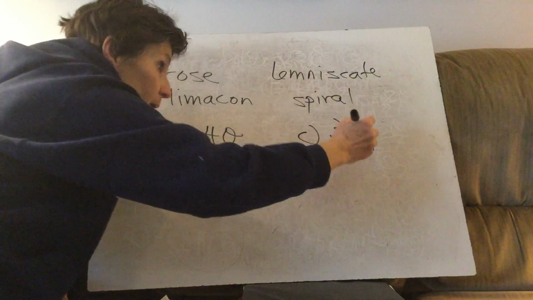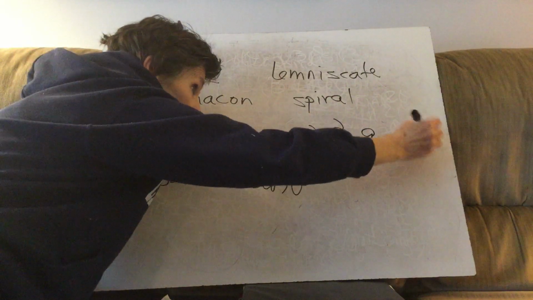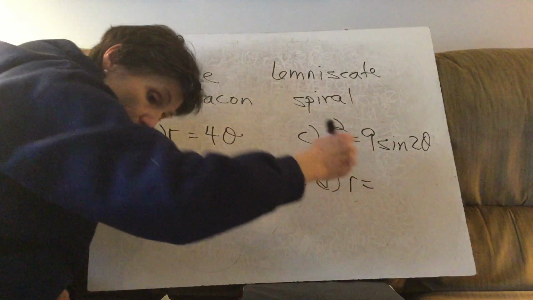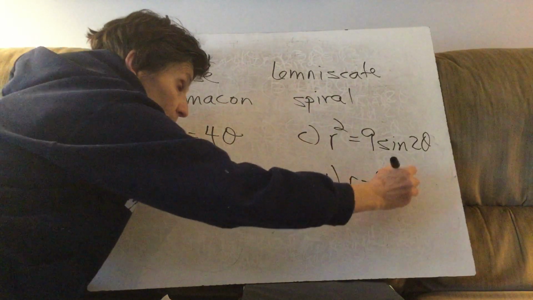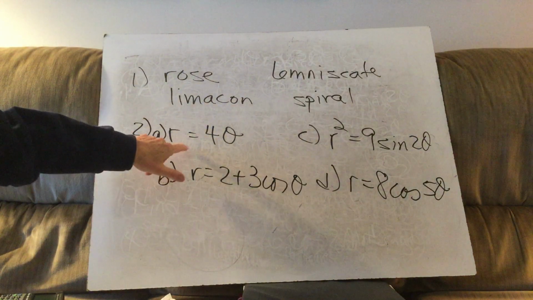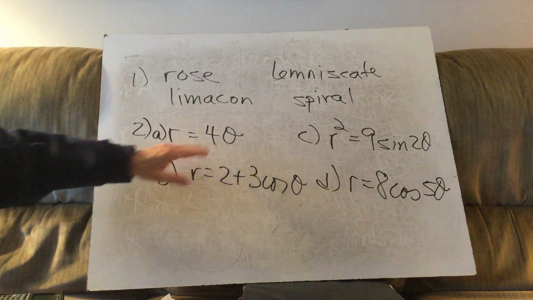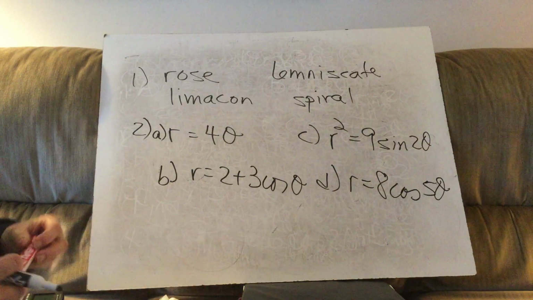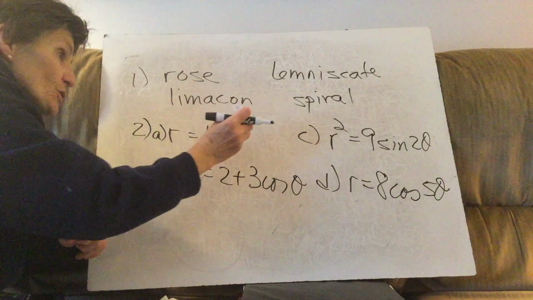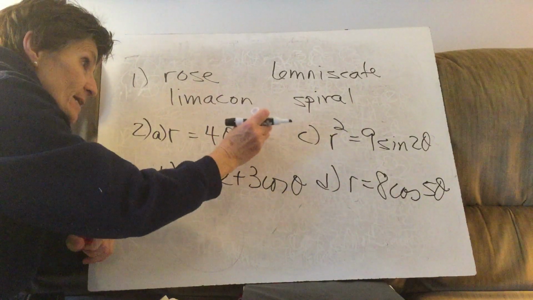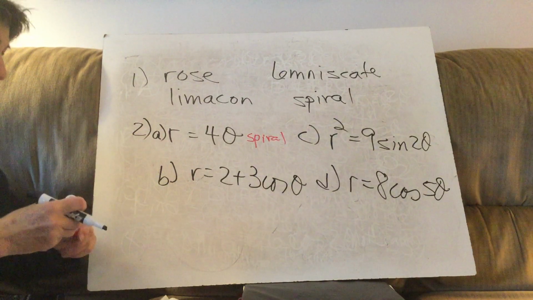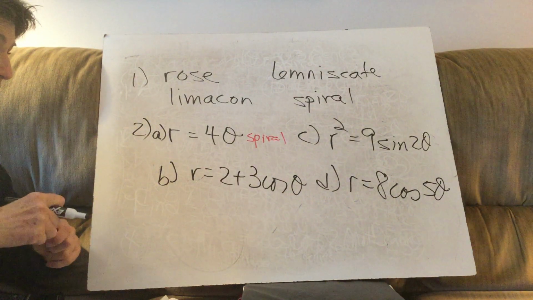Well, each of the equations has a special characteristic, which we discussed in the notes. This one, the first equation, has no sine or cosine, no trig function at all. Since there's no trig function, this one is a spiral. When there is no sine or cosine, you know you have a spiral.